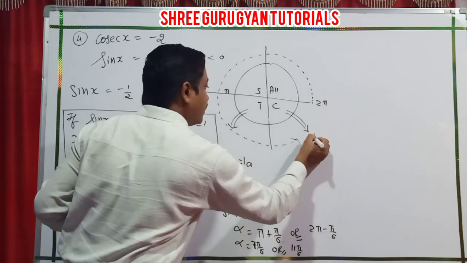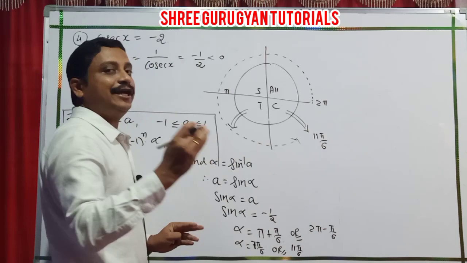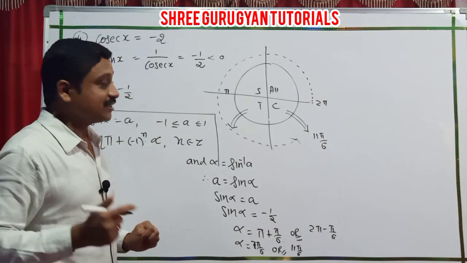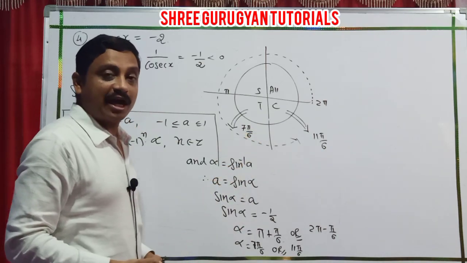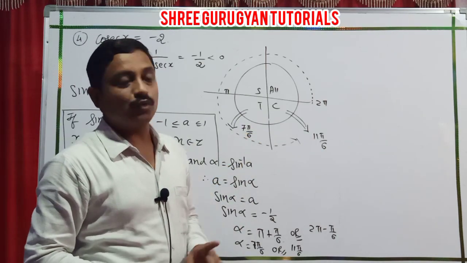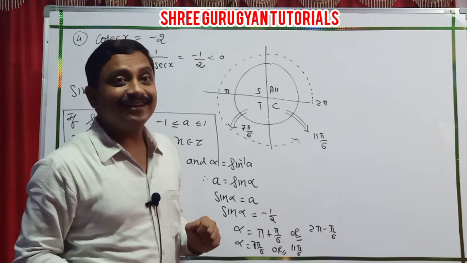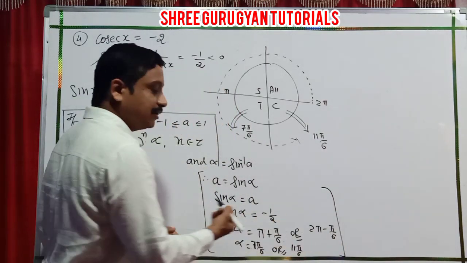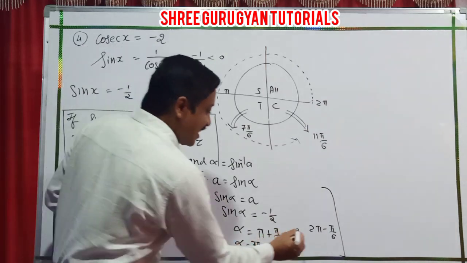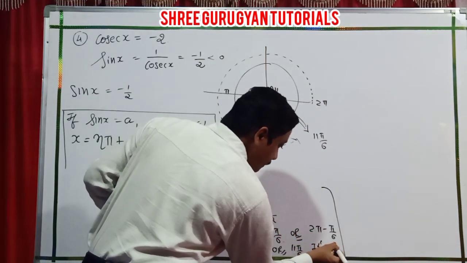Here 11 pi by 6 means 30 degrees, 11 times, and 7 pi by 6 means 30 degrees, 7 times. Yes, 210 degrees and here 330 degrees. These are both our principal solutions.